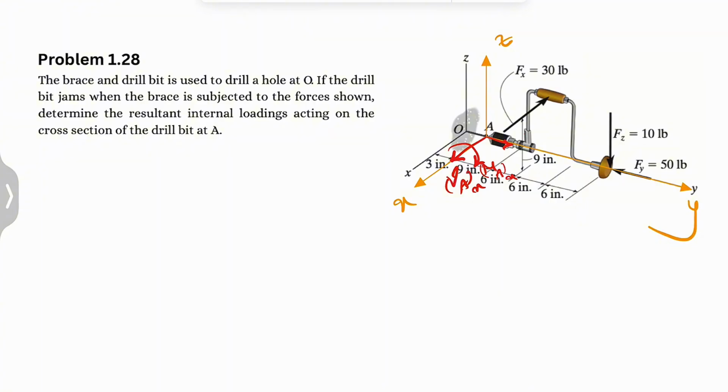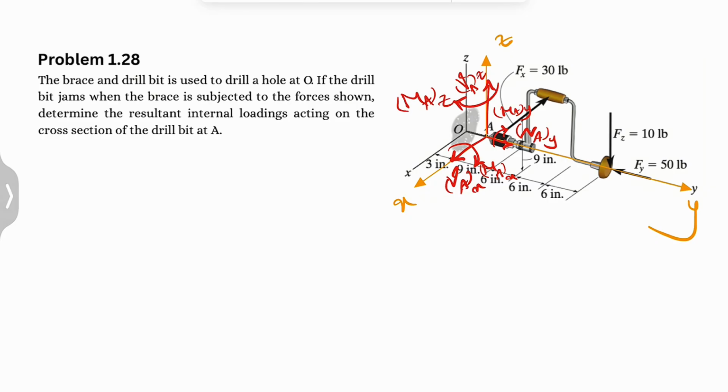This force in y direction is going to be the normal force because it's perpendicular to the section that we have at point A. We can call this one maybe NAY, and one moment, MAY. And the last force is going to also be a shear force, VA, along the z-axis, and also we have the moment MA about the z-axis.